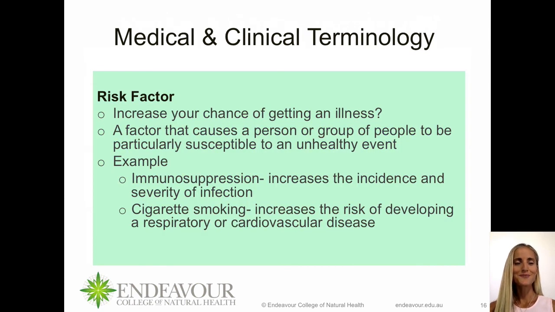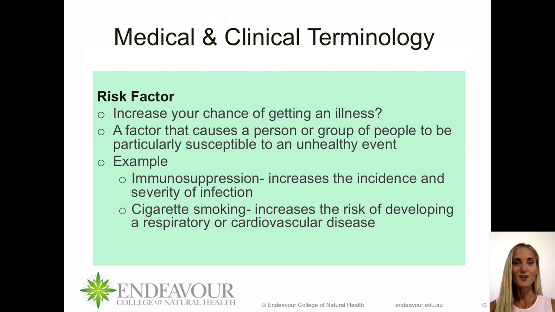Risk factors. What increases your chance of getting an illness? Risk factors, for example, for coronary artery disease are family history. If you've got a family history, you've got a higher chance of coronary artery disease. Comorbidities, so hypertension and diabetes predispose you to coronary artery disease.